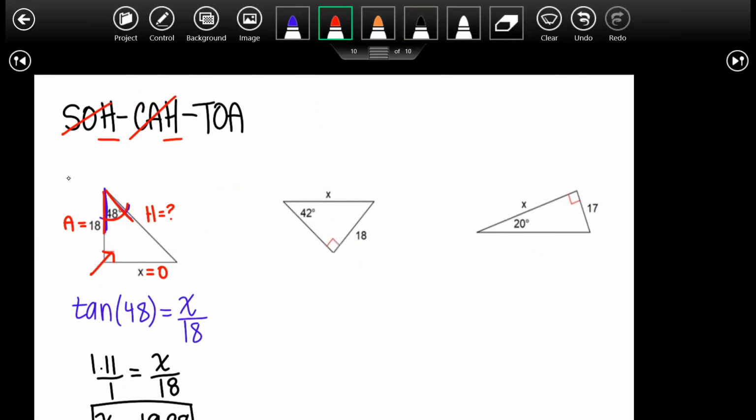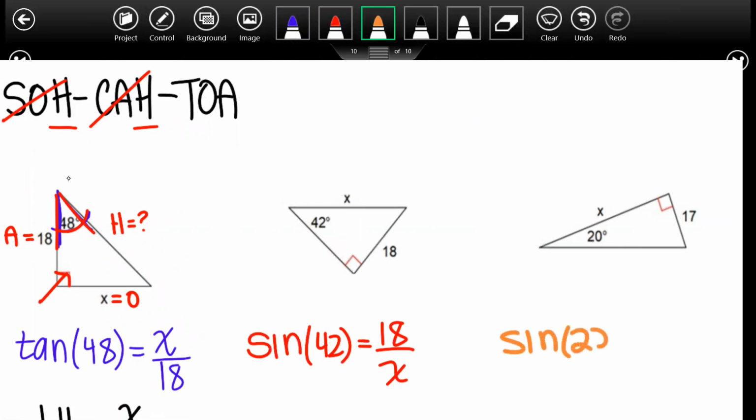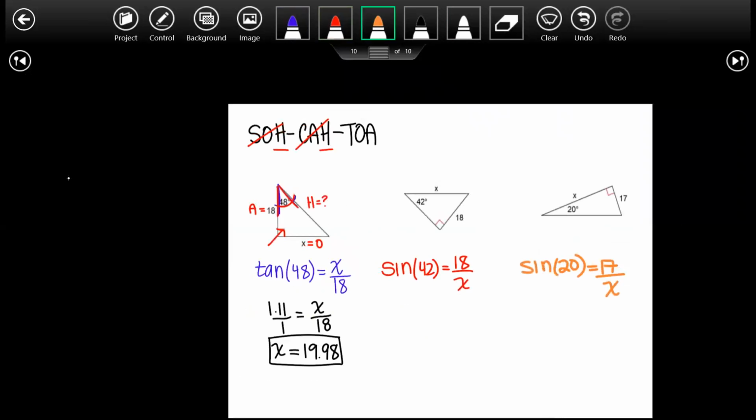I'm going to give you the equations to set up. These are how you're going to want to do them. Those are for you guys to use a little bit later. Questions?